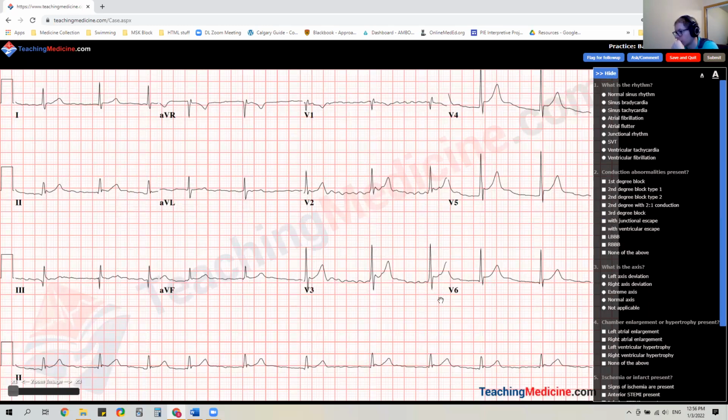QRS, a bit wide? Looks like a narrow QRS. I'd say it's still a narrow QRS though. So normal QRS. And the QT is normal.